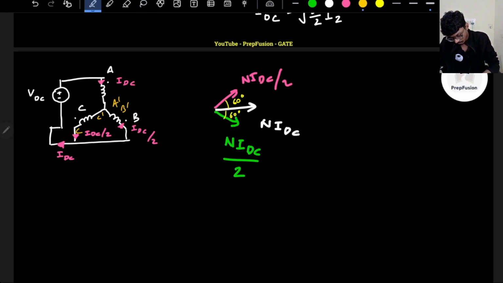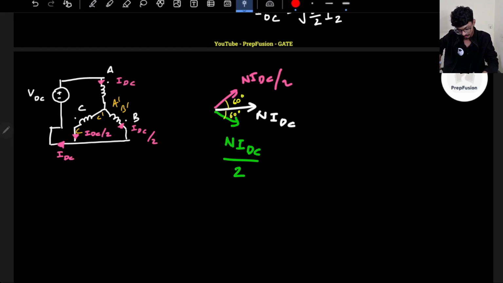So what I can say is, now what will be the equivalent? So now the equivalent is kind of different. If you see, this is kind of symmetric, right? So it will have two components. One component will be along the y-axis and one component along the x-axis, for both of these, NIDC by 2, NIDC by 2.